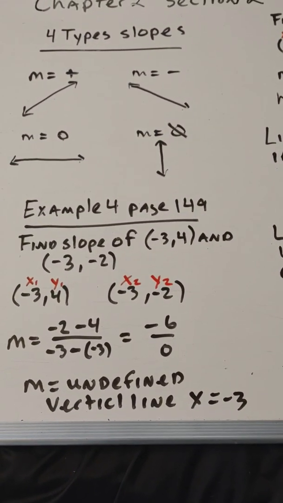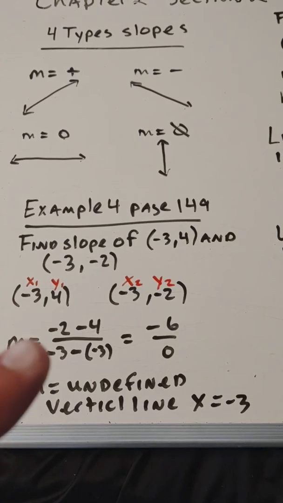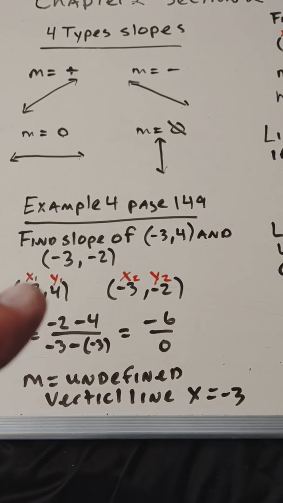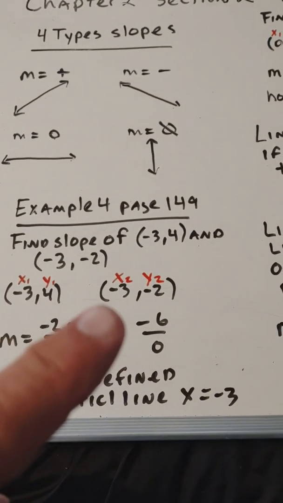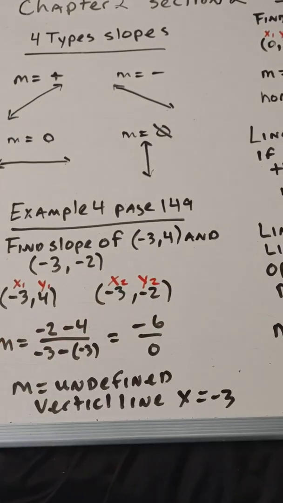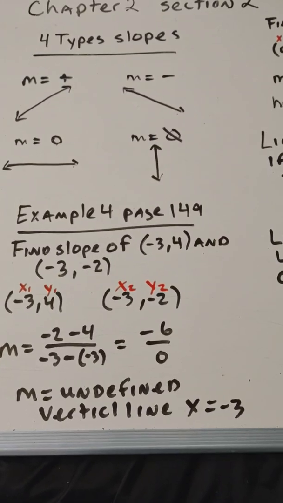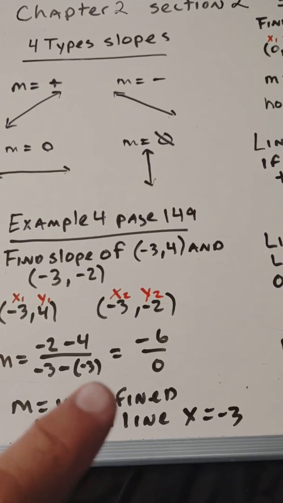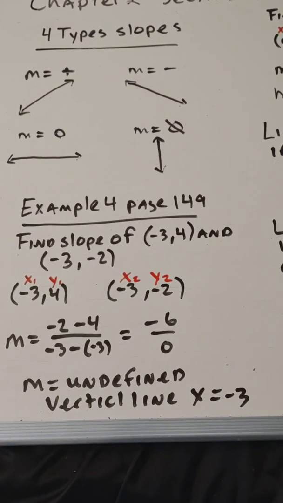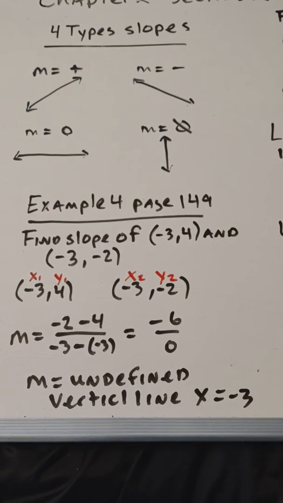Now, doing the math, if we do the same thing we did, we take the first ordered pair, make it x1, y1. Second ordered pair, make it x2, y2. Put them into the slope formula, we get negative 6 over 0. Anytime you have 0 in the bottom of a fraction, it is undefined.